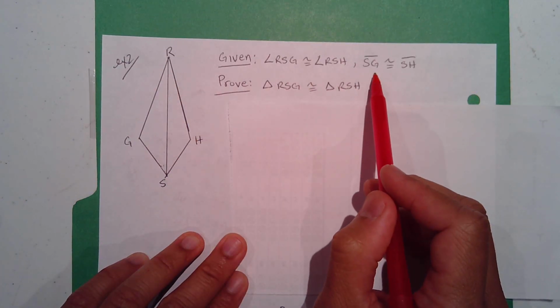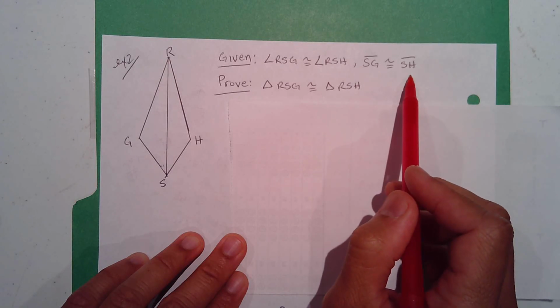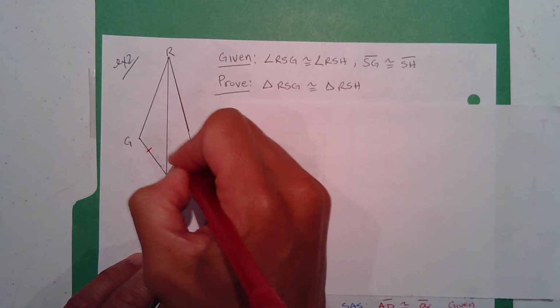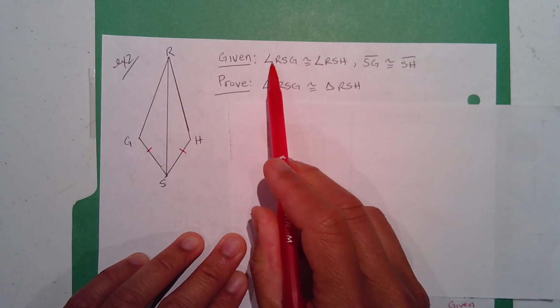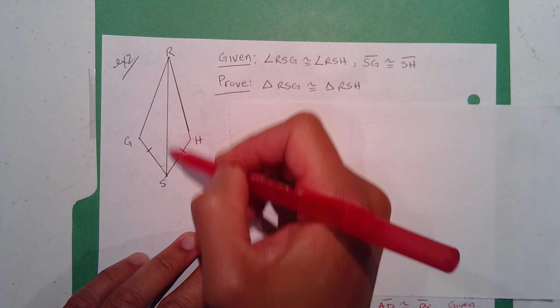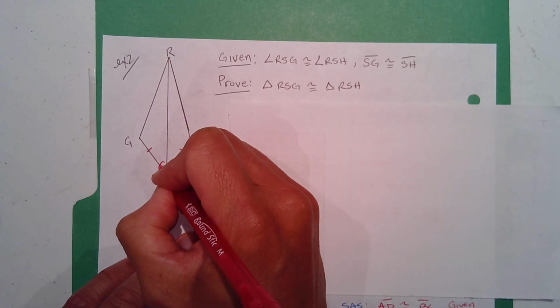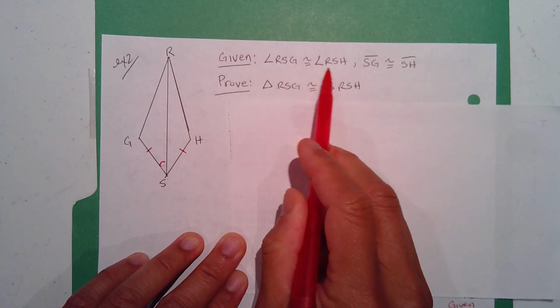Also they say side SG is congruent to side SH. So SG is congruent to SH. They say angle RSG is congruent to angle RSH.